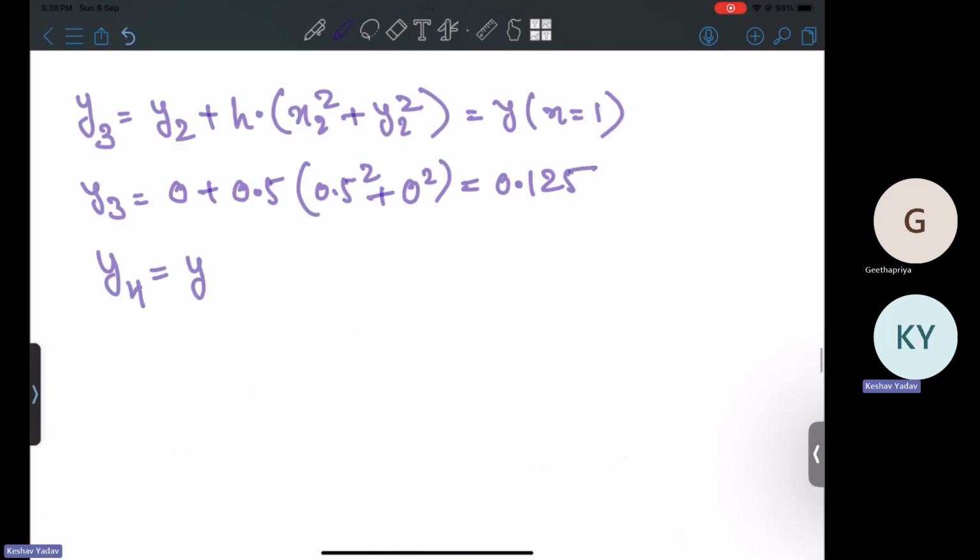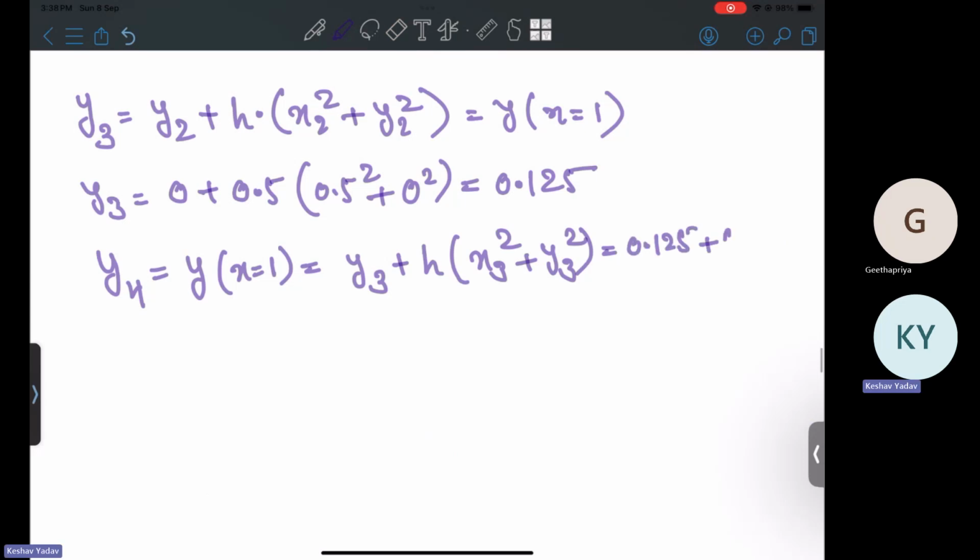y4 will be equal to y3 plus h times x3 squared plus y3 squared. Now you put the value. y3 is 0.125 plus h is 0.5, x3 is 1 squared plus 0.125 squared.